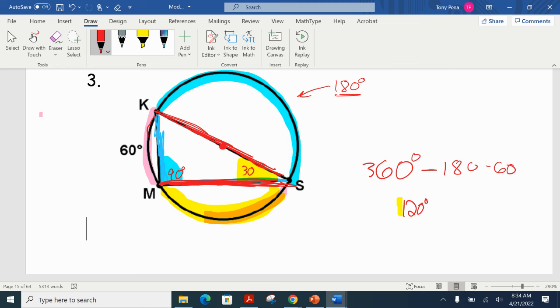Yeah, so when we did these, when this inscribed angle was 25, was the arc 25? What was the arc? All right, when this inscribed angle was 90, was the arc 90?